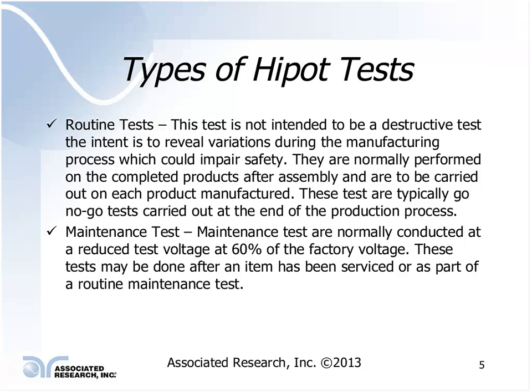It could, depending upon where that part is at, but the routine Hipot test would not detect a line to neutral short, because when you perform this test, you're tying those two parts together and you're applying high voltage to both the line and neutral conductor simultaneously, and you're testing the insulation between what is normally your current carrying conductors to the exposed dead metal of the product itself.